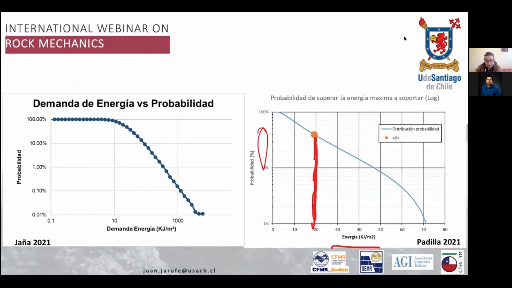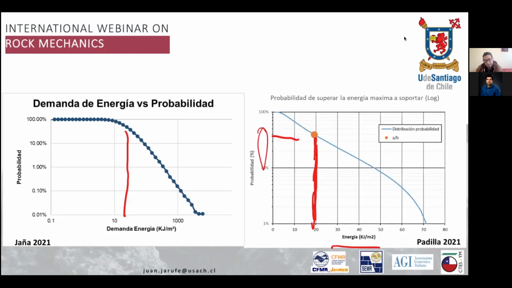And in both cases, there's more or less a 40%, 45% probability of having an energy demand larger than the one that you calculate using the deterministic method. So there is an important probability of experiencing an energy demand larger than the one that you're using.